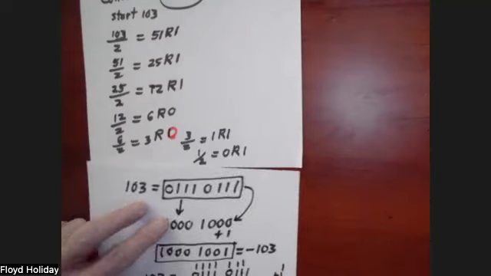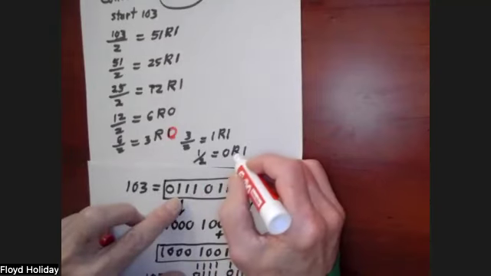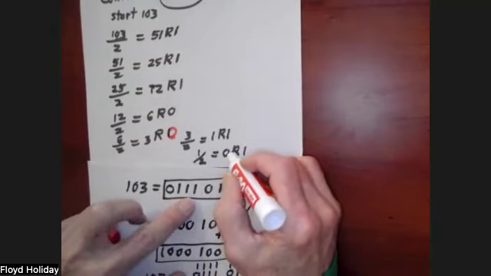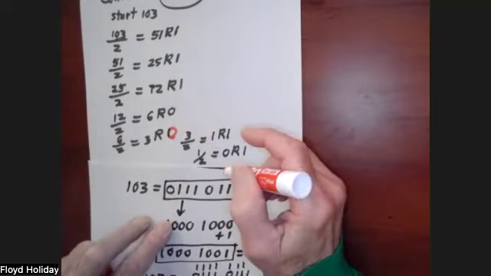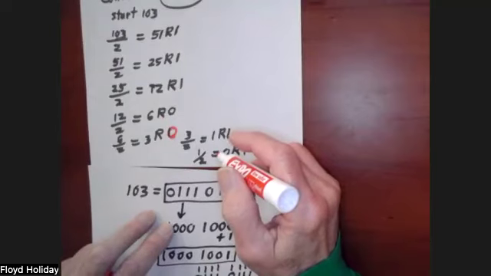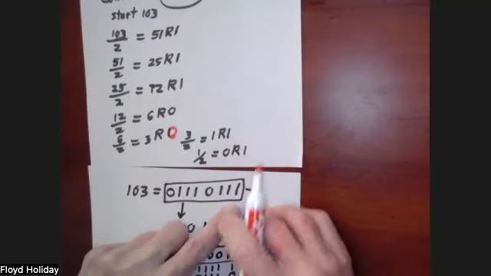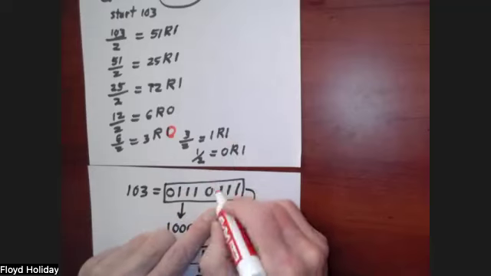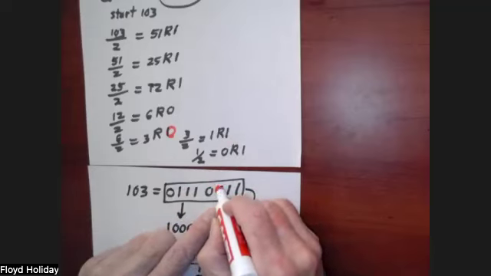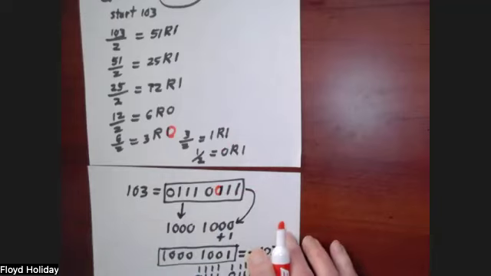At the beginning, 0, 1, 1, 1. No, what did I do here? Oh, you read them backwards. 1, 1, 1. This one right here should have fixed it in your notes. That's a 0.